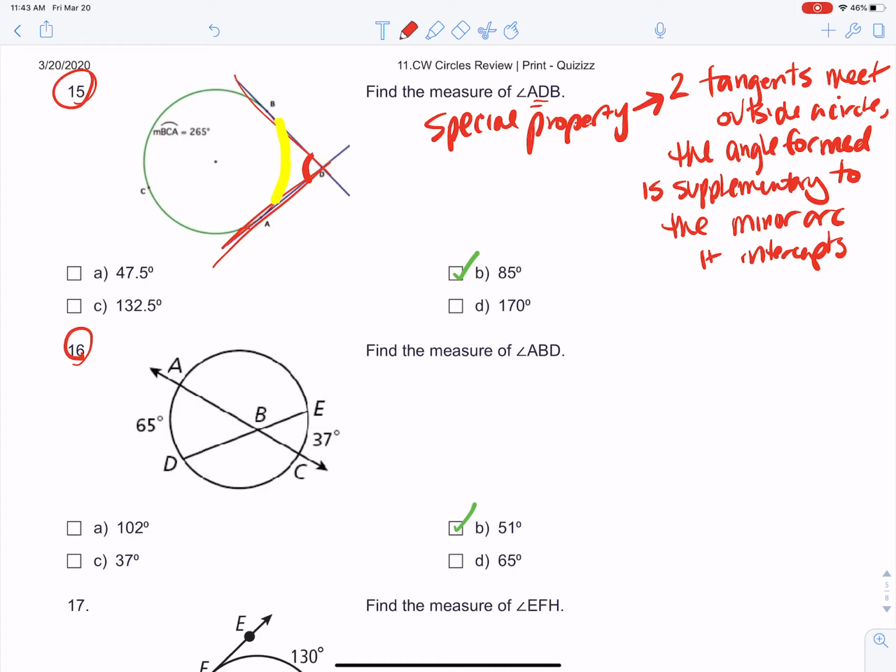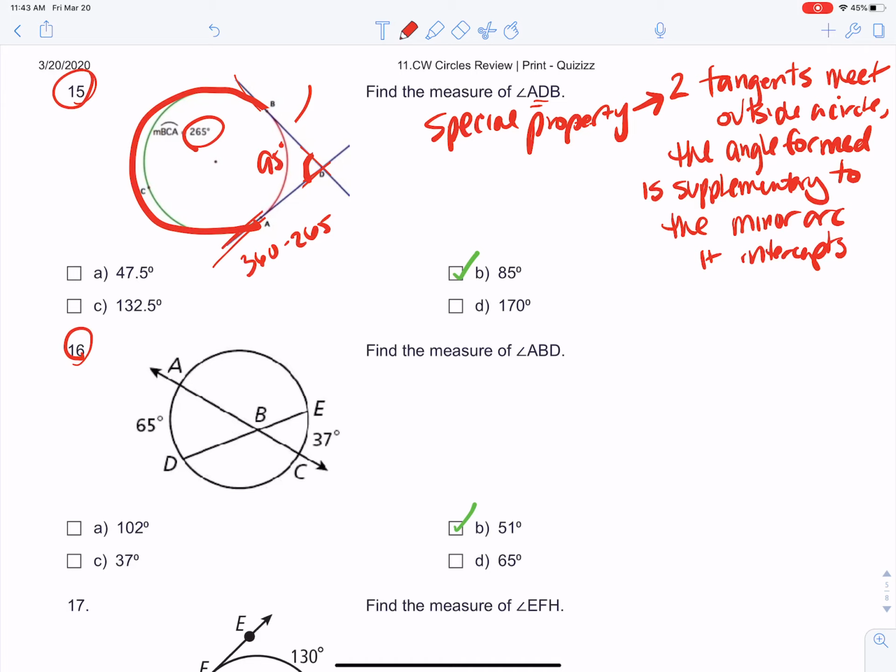Great. So if we're trying to find the angle, we need to know what this arc is. Very easy to figure out. Together, this arc that we're trying to find and the 265-degree arc form a 360-degree circle. So you just do 360 minus 265, and that gives us that our arc right here is 95 degrees.